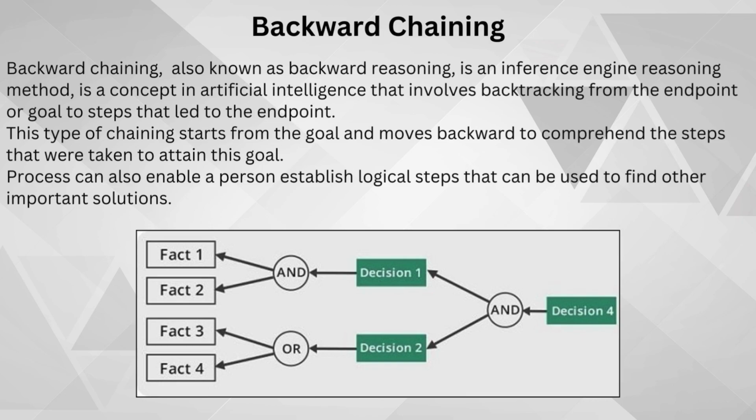Think of backward chaining as being like a puzzle solver who starts with the finished puzzle and then takes it apart to see how each piece fits. You know what the final picture looks like and you want to understand the logical steps that were taken to make that picture. So, backward chaining is like solving puzzles and mysteries by understanding how things came together.